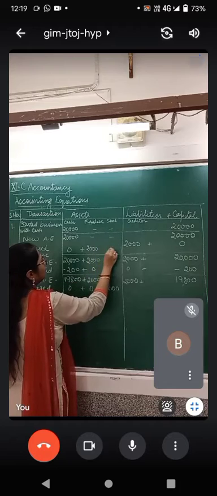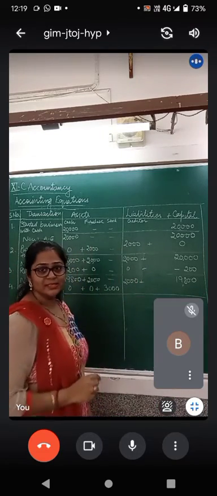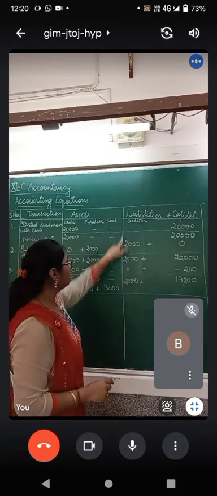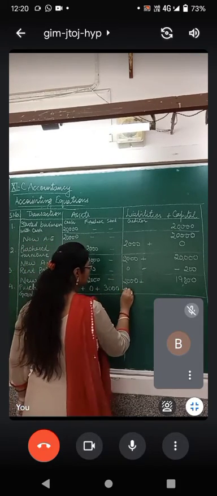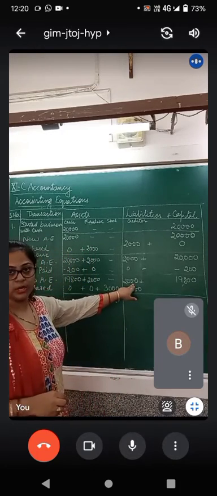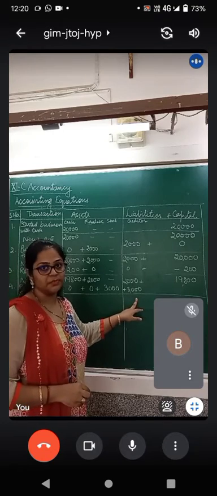Here it is nothing, here also, and here also. Now, this side, since he has purchased stock on credit basis, it will add to the creditors. 3,000 will be added more. We still have to pay 2,000 for the furniture and 3,000 for the stock that we purchased on credit basis.